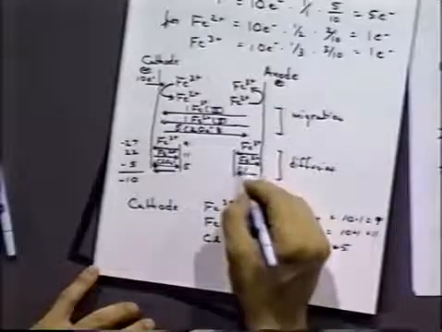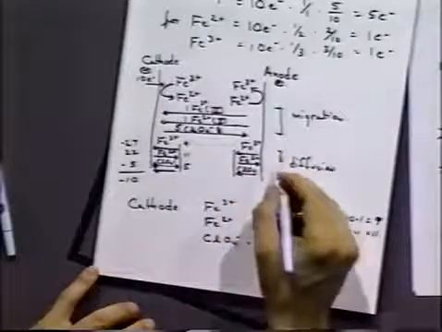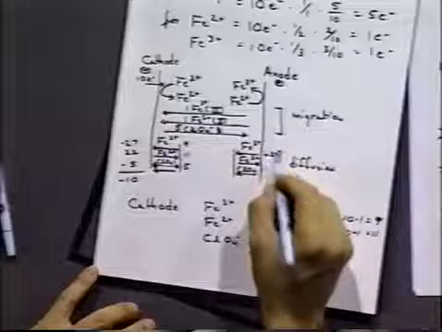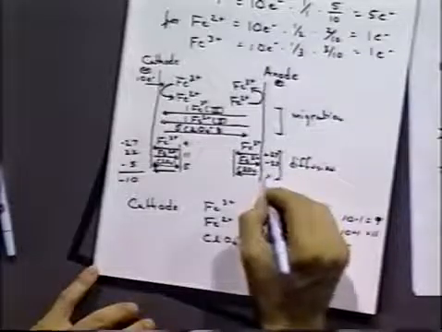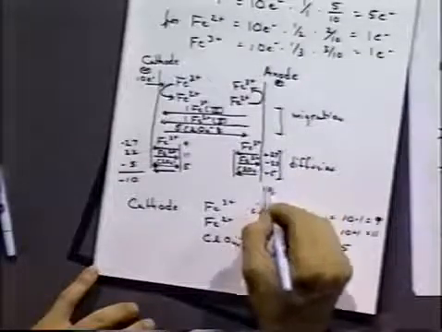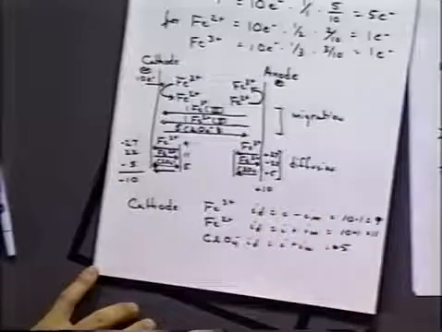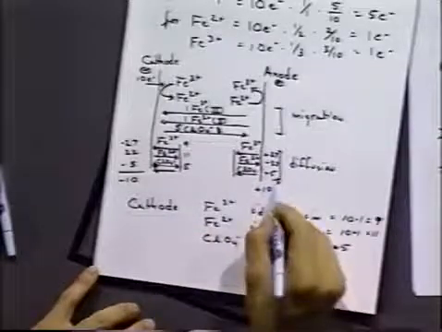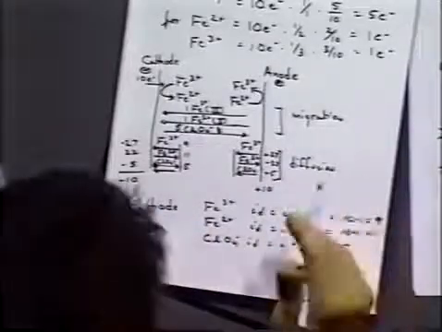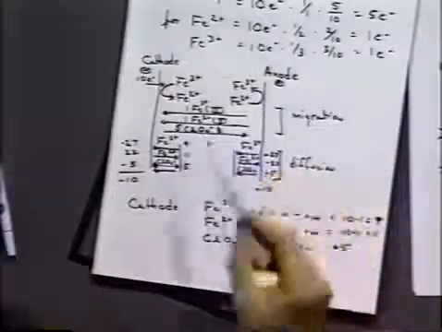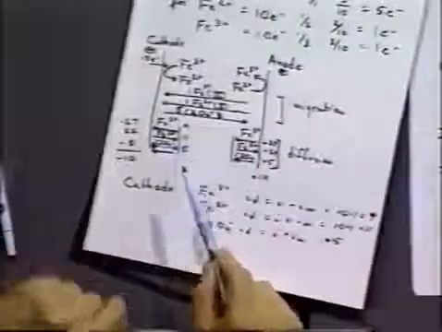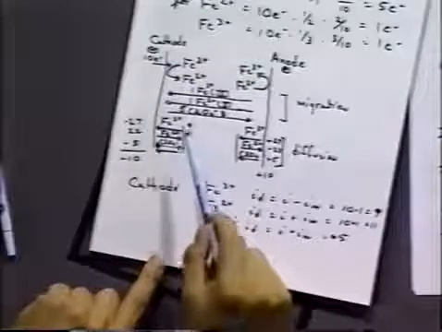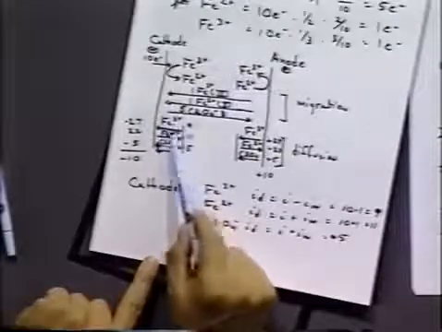And so there's our 10 electrons coming in at the interface.